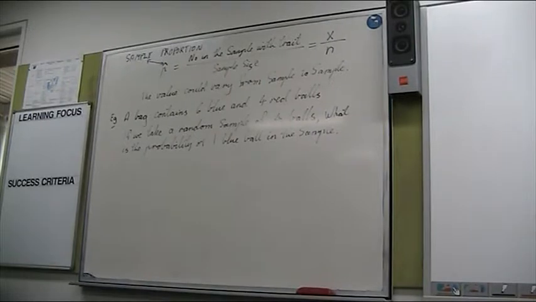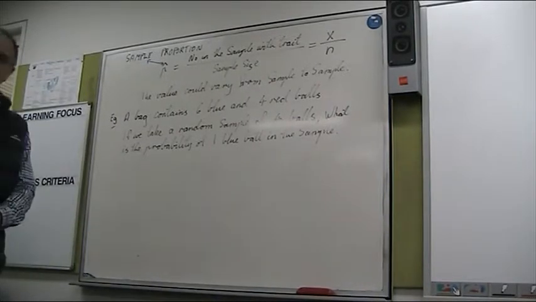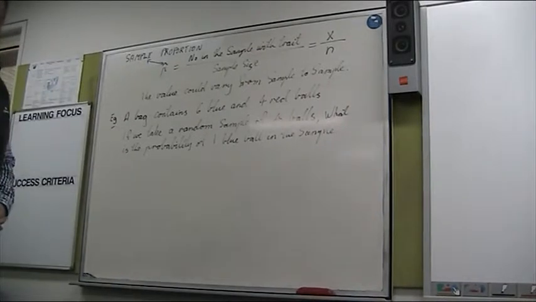So here we've got a bag containing 6 blue and 4 red balls. If we take a random sample of 4 balls, what is the probability of 1 blue ball in the sample? So we need to know a few things.